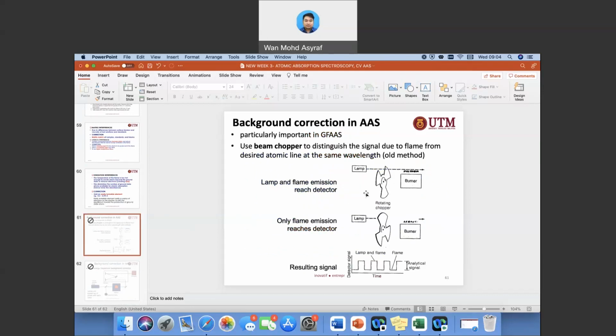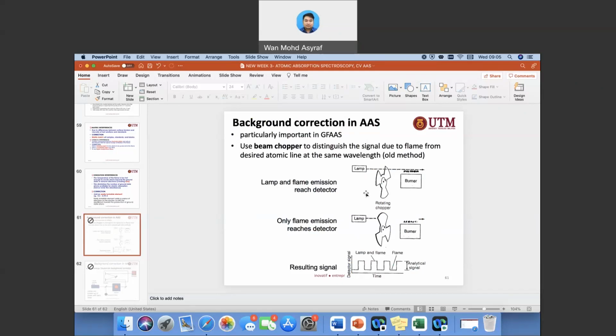Okay, so I want you to imagine that your particular wavelength comes from the lamp, and there is also radiation coming from the flame itself. Let me put copper straight away. From the lamp you have a copper radiation.